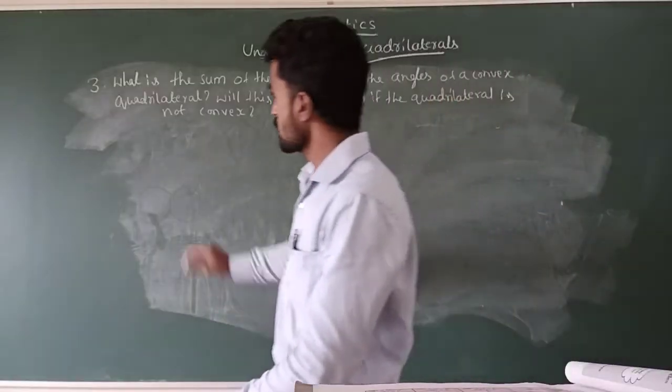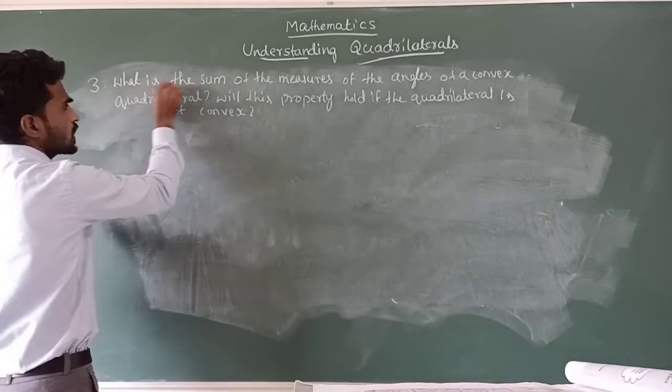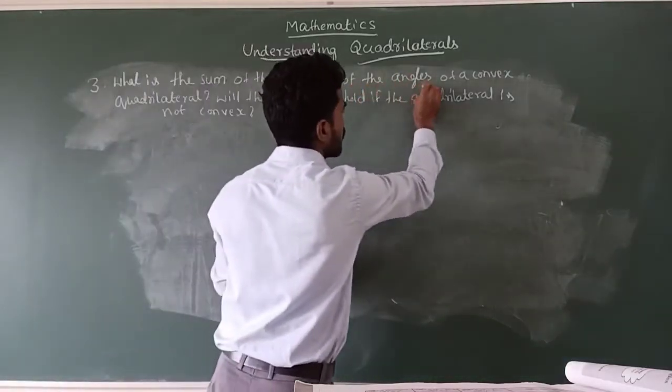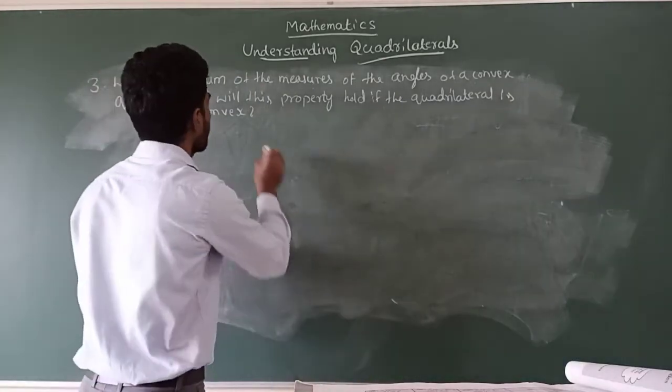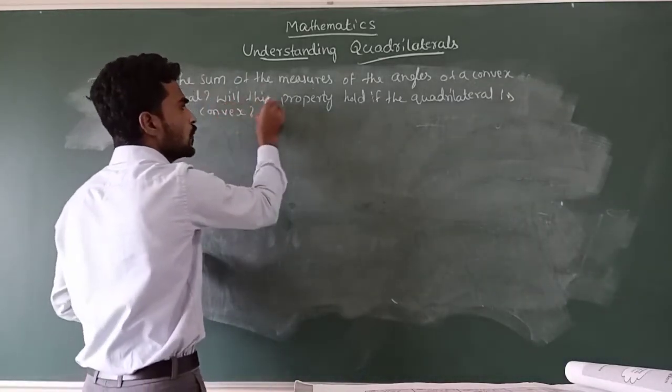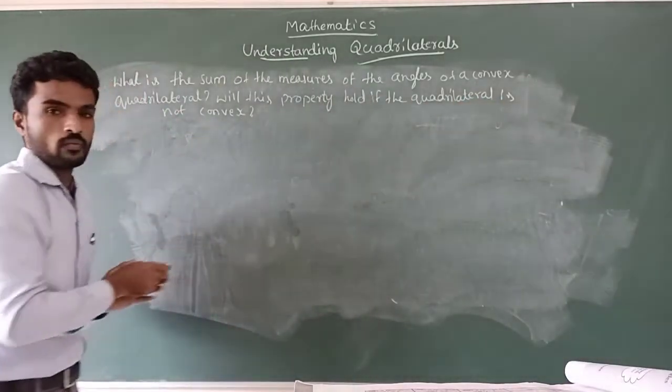Now we are moving on to question number 3 in this exercise. They ask what is the sum of the measures of the angles of a convex quadrilateral, and also another question: will this property hold if a quadrilateral is not convex?